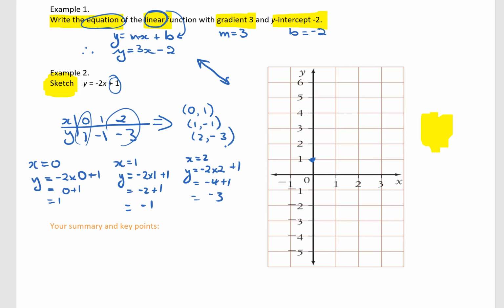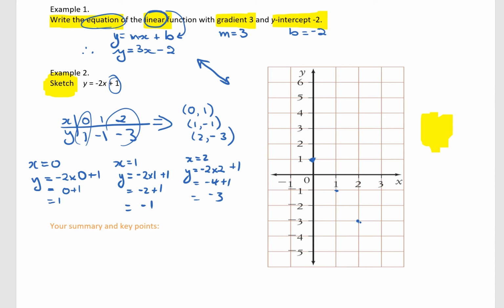So my task then is to graph these points. 0 for X, 1 for Y, and I'd already plotted that point. 1 for X, so across 1 for X and -1 for Y, that's here. Then 2 for X and -3. So now I've got my 3 points.